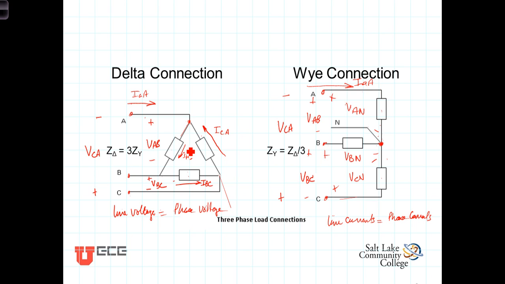And you'll note that the phase currents are not the same as the line current. And if we define these phase currents in this way, it is true that I sub AB plus I sub BC plus I sub CA equals 0. In other words, those three currents, as defined, represent a balanced three-phase set.